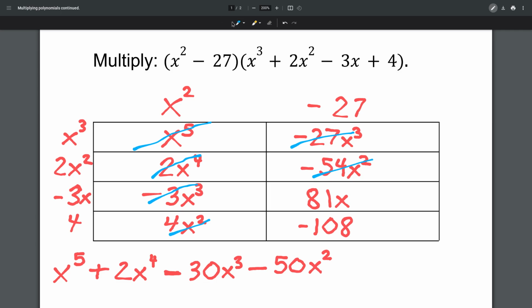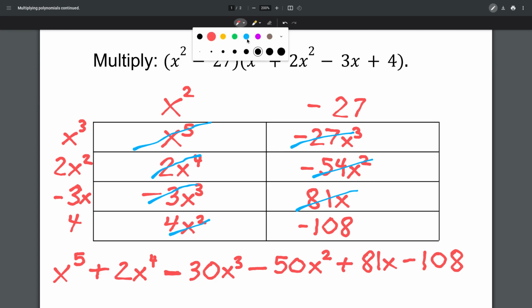Next up we have 81x. So we'll do plus 81x. And then we have minus 108. And we'll cross that one off.